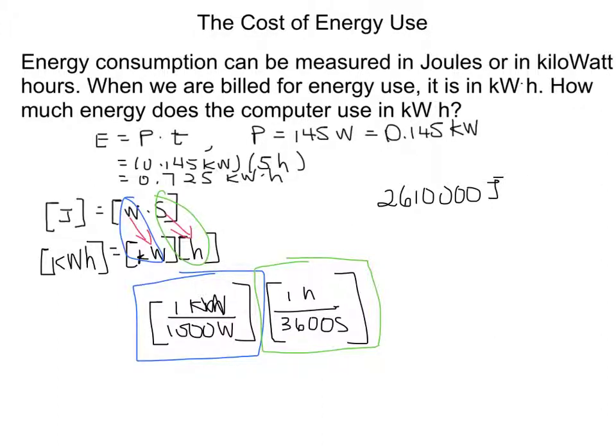So I could have then used the conversion factor here, which simply means I'm doing 2,610,000, divide that by 1,000, and then divide that by 3,600, and look at that, we get the same answer. We end up with 0.725 when you convert to kilowatt hours. So if you already know the joules, you can convert to kilowatt hours. If not, you can calculate like we've done here. So now you've got a couple of different ways to do it.